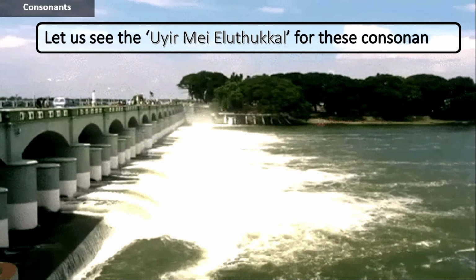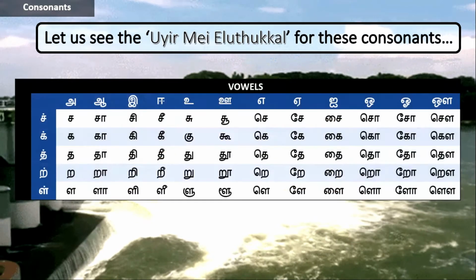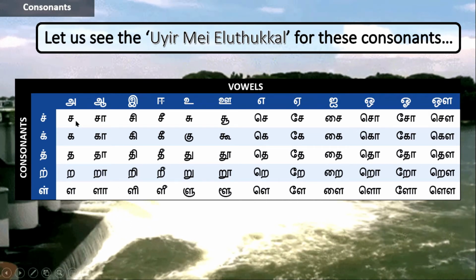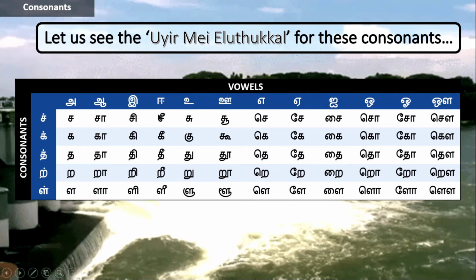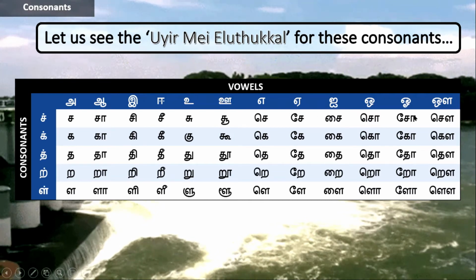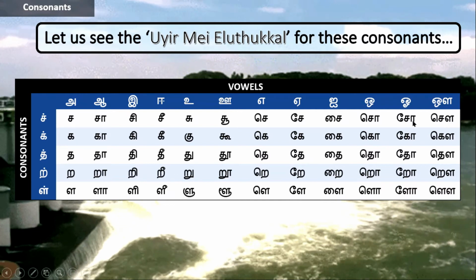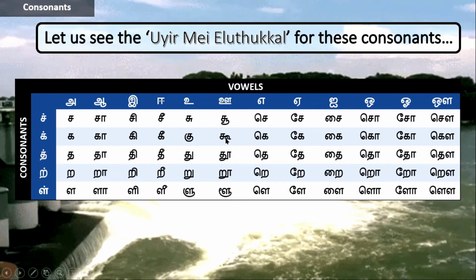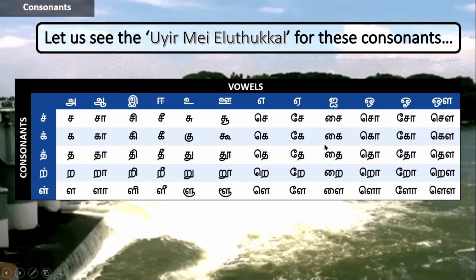Now let us see the உயிர்மை எழுத்துக்கள் for these consonants. For ich we have cha, chi, chu, che, chai, cho, chow. For ik we have ka, ki, ku, ke, kai, ko, kau.